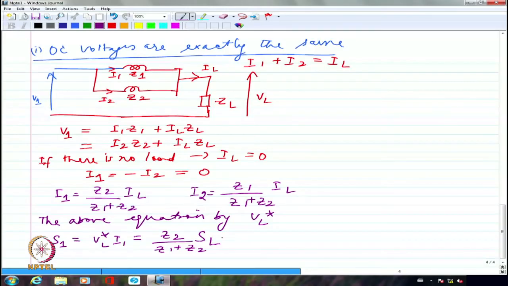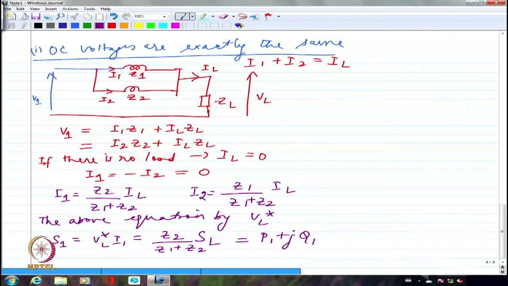So I'm getting this in P plus jQ format. I'm not getting it as just a volt ampere value without any phase angle. I'm getting a phase angle, which I'm calling P1 plus jQ1.